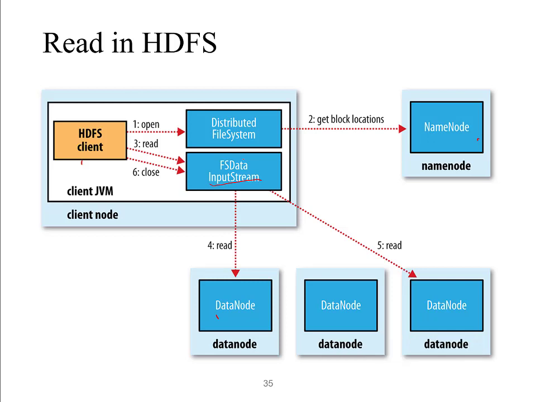So basically, the client opens the file it wishes to read by calling the open function on the file system object. And the distributed file system would tell the name node that there's a client who wants to read a file. And the name node would give the block locations back to the distributed file system.